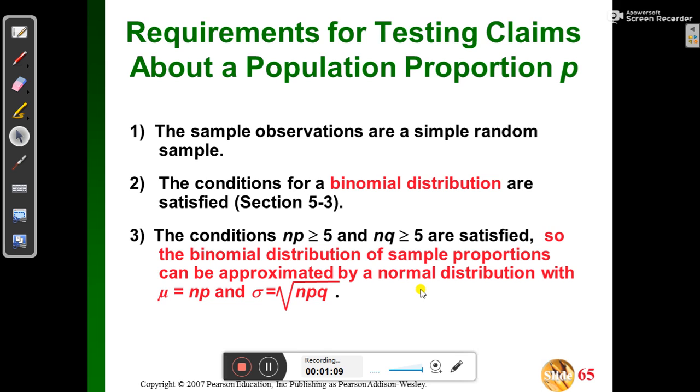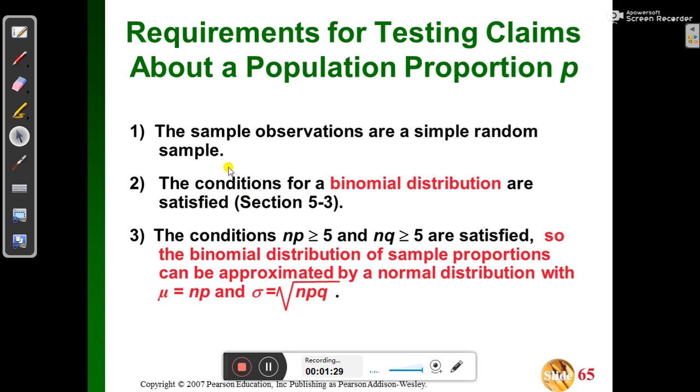confidence intervals. So for that, the requirements for testing claims about a population proportion P: the sample observations are a simple random sample. The conditions for a binomial distribution are satisfied.